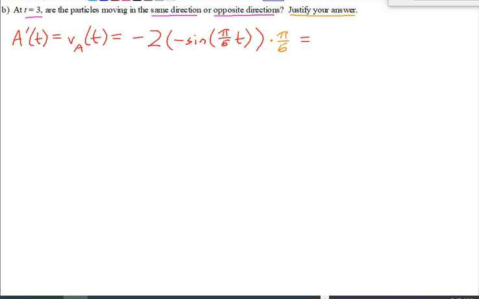And then you can simplify that. The negatives cancel out, and then 2 goes into 6 3 times, so you end up with pi over 3 times the sine of pi over 6t.